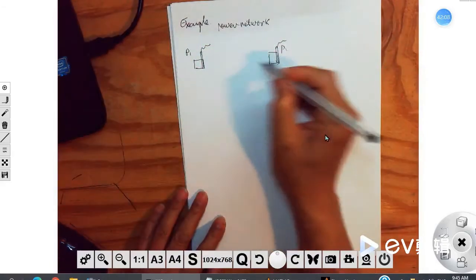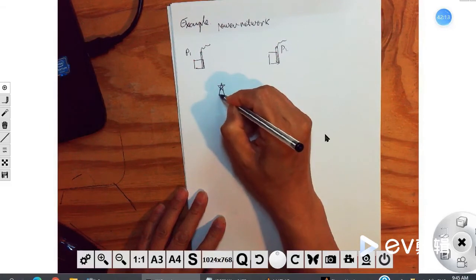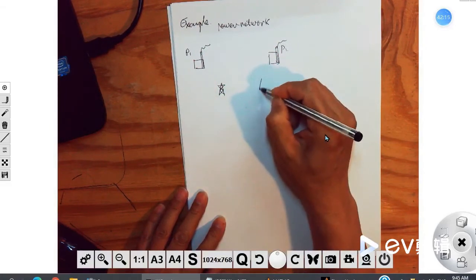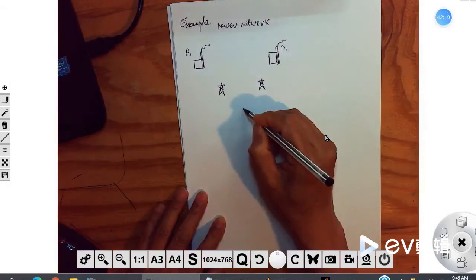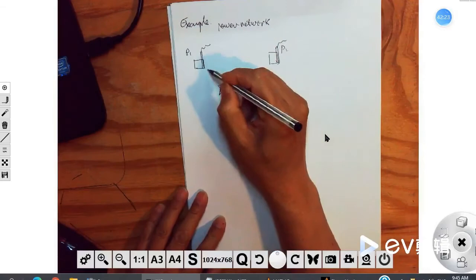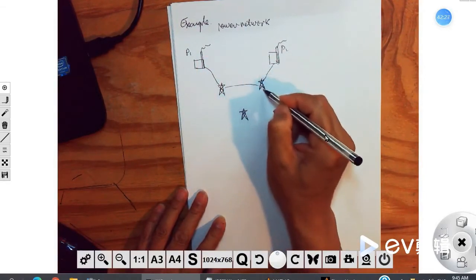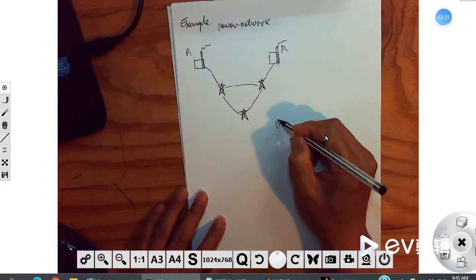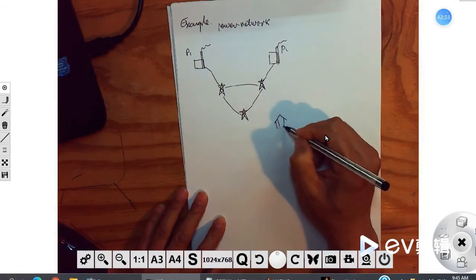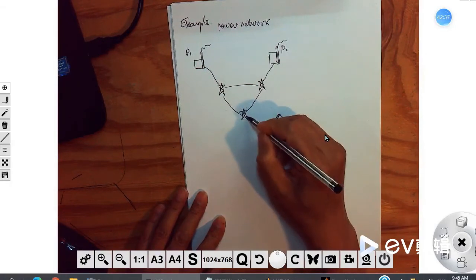And then we have the network looks like this. So this one goes to here, this one goes to here. They are connected, and you have a home here. You go from here.